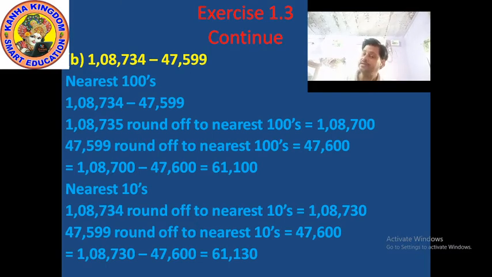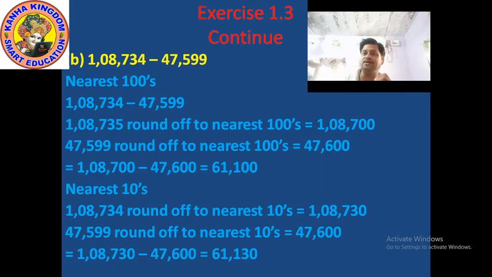And the second rule, if the tens place is 5 or more than 5, then also you convert the tens place and ones place into 0, but you have to add one more number in the 100 place. Whatever the digit in the 100 place, you just add one more, and after that, whatever the digit in the 1000 place, 10,000 place and lakhs place, nothing you have to change.